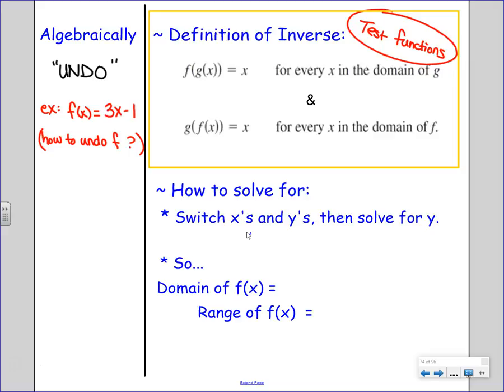First multiplying by 3 and then subtracting 1, right? So in order to undo the multiplication by 3 and the subtraction of 1, we would need to make an inverse function. We would call it g. We would need to make an inverse that adds 1 and divides by 3.